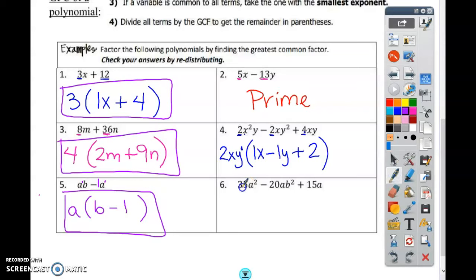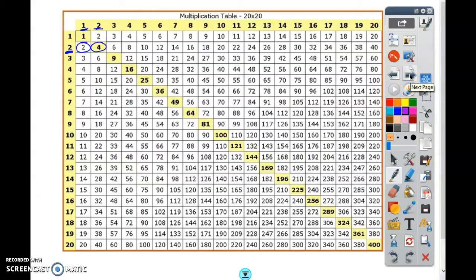We are looking for 35, 20, and 15 all on the same line. 35, 20, and 15. Did you find it? 35, 20, and 15. All on the same line. That means I can factor out a 5.